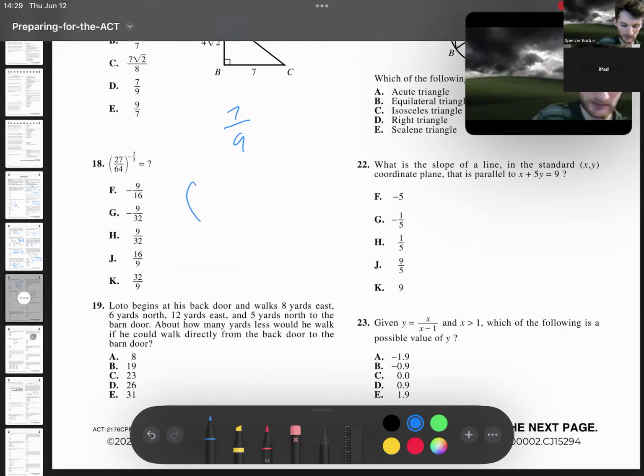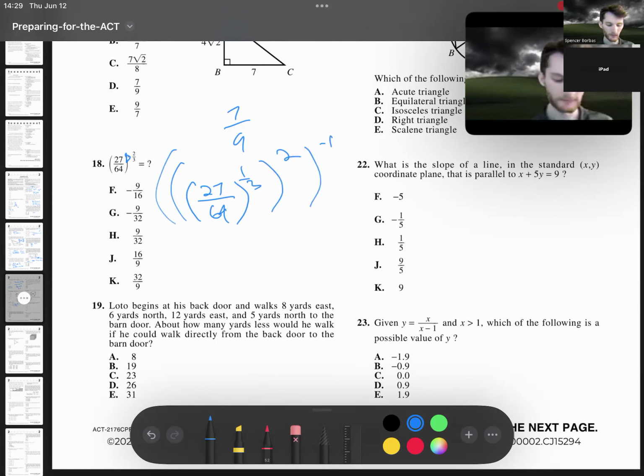So that's also equal to 27 divided by 64 to the power of, all right, I got to remember that negative sign later, but I'll worry about it later. All right, to the power of 1/3, and then to the power of 2, and then maybe like negative 1. To the power of 1/3 is equal to the cube root.